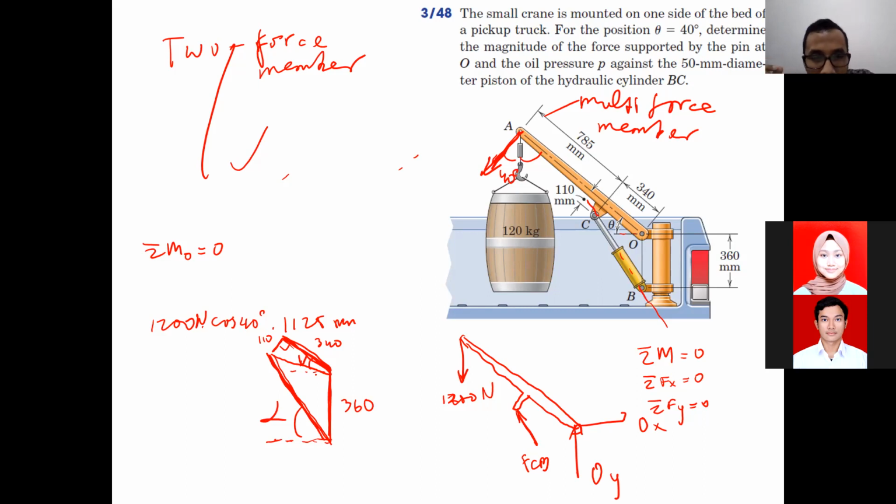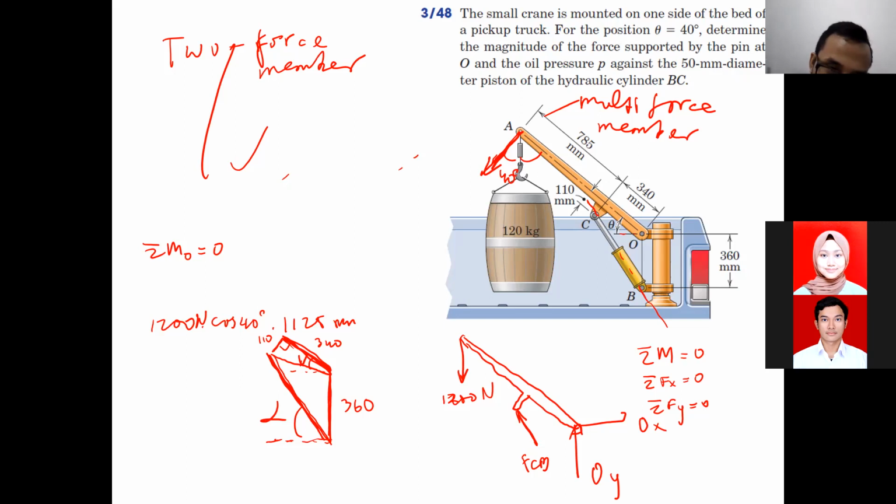Gimana Rehan? Untuk mendapatkan sudutnya gimana tuh? Kalau saya ini Pak, 90 dikurang arctan 340 cos 40 per 360. Itu dari mana? Jangan pakai keajaiban tiba-tiba gitu. Enggak, itu yang atas itu saya mikirnya 340 cos 40, Pak.